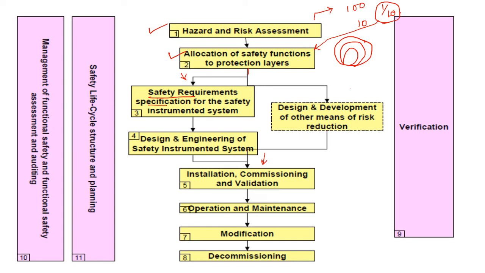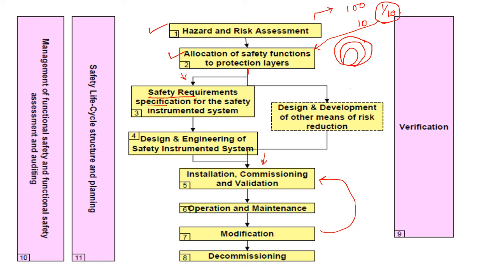Then it goes through the O&M phase, operation and maintenance, and then there can be some modification in the process. If there is a modification, it will go back to this step and come through the installation, commissioning and validation procedure again. After the useful life is finished, decommissioning is done.